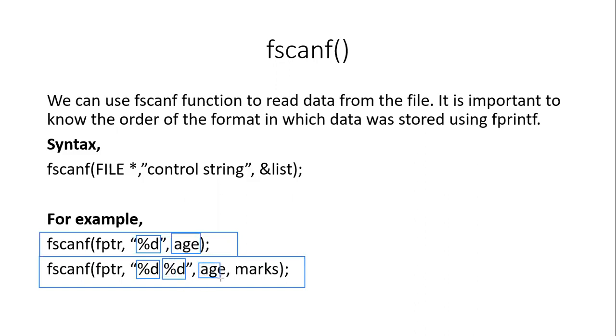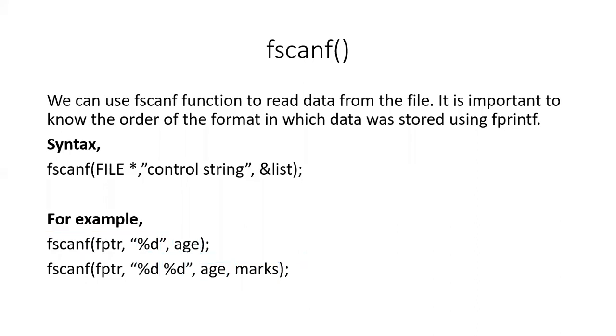The first value will be saved in the variable age and the second value will be saved in the variable marks. So this is how we can read the value separated by a blank space from a file and save it into different variables. Now we can also read the float, string, character and integer values from the file.